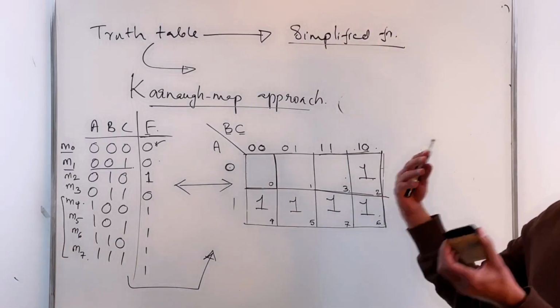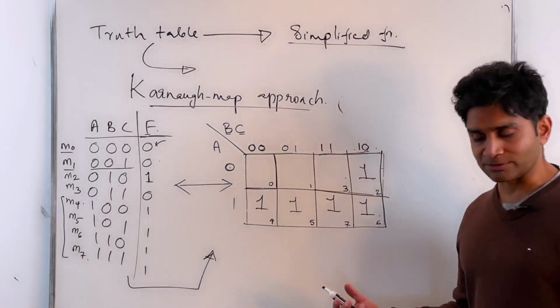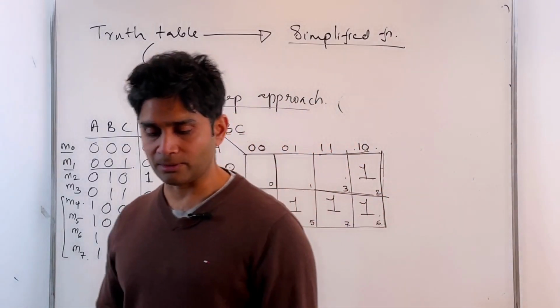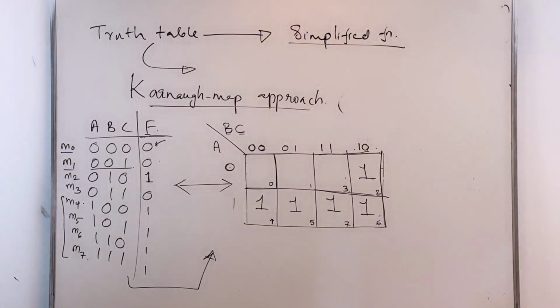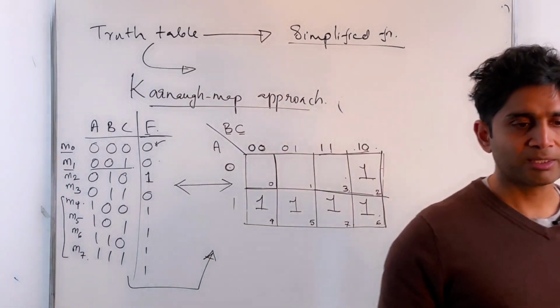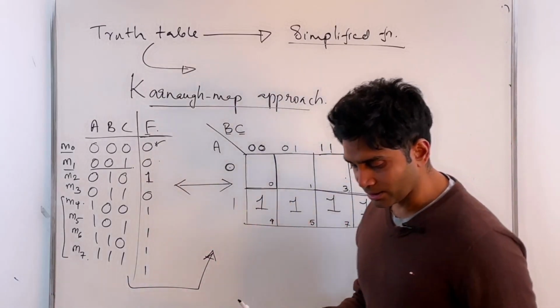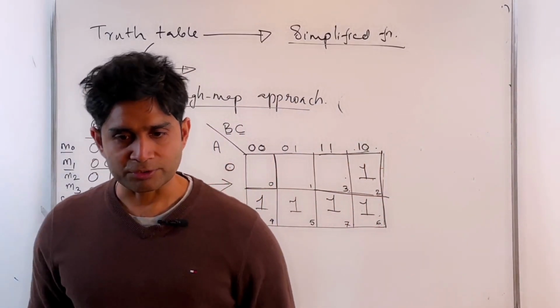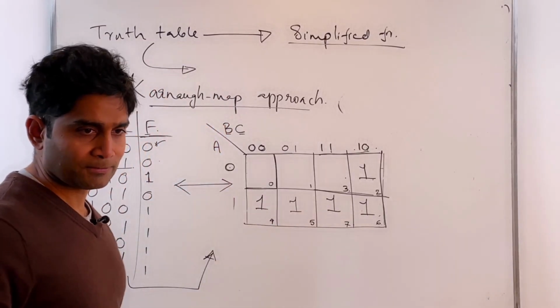The first step is, of course, you draw the K-map in the right format, so that the physically adjacent cells are next to each other, according to the rule of adjacency. And then I fill in the ones in those cells, those minterm positions, for which my function is true. That's what I have here.